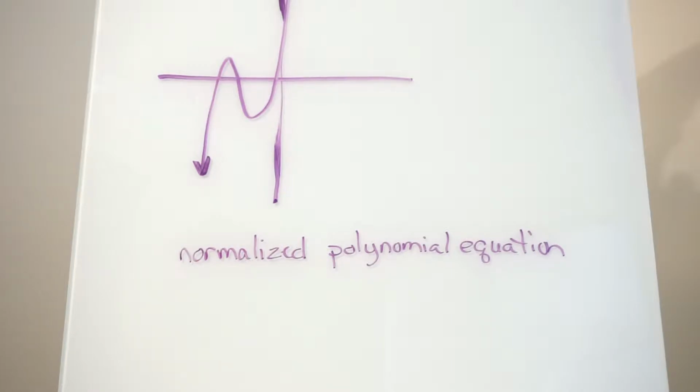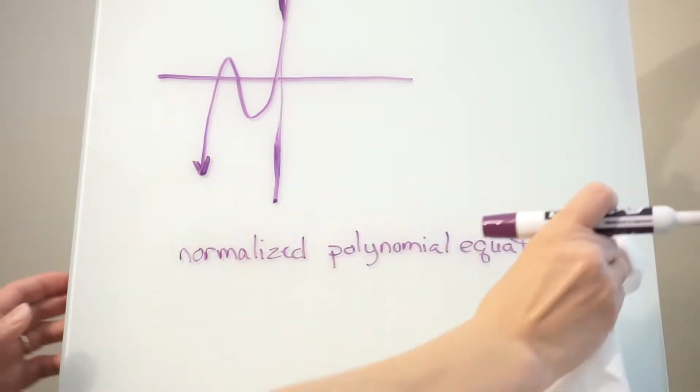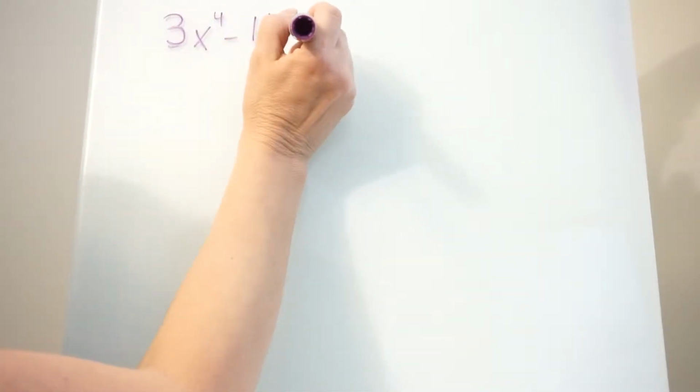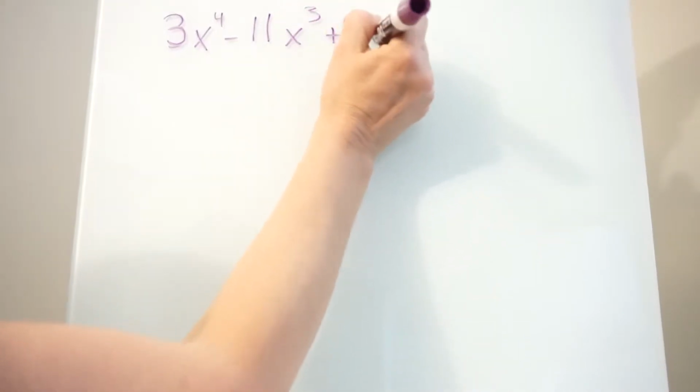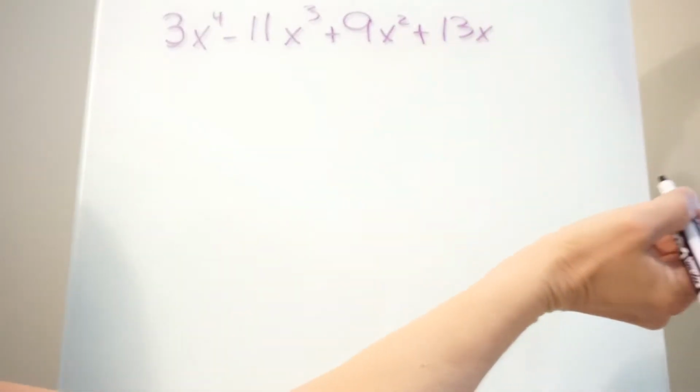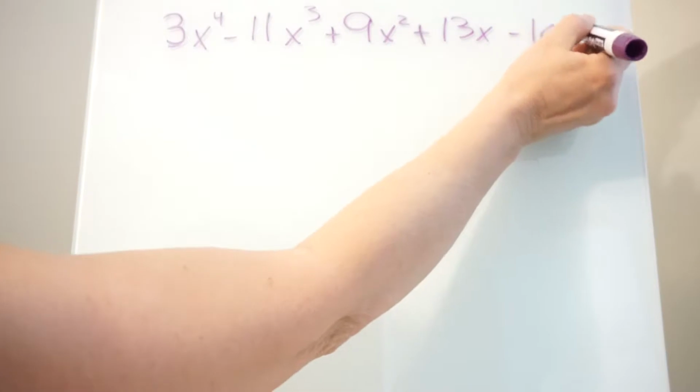The way that we do it is by looking at the normalized polynomial equation. Well, what is a normalized polynomial equation? Take an equation such as 3x to the fourth minus 11x cubed plus 9x squared plus 13x minus 10 equals 0.